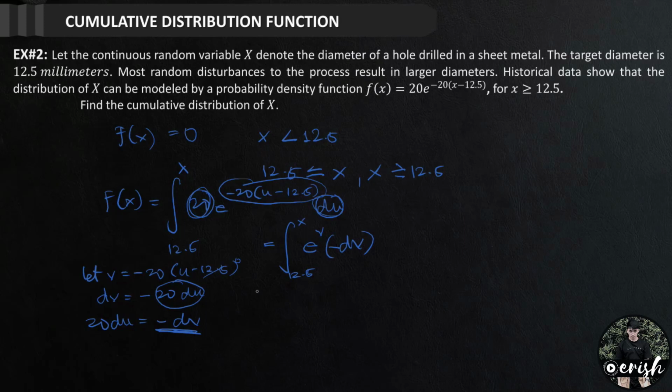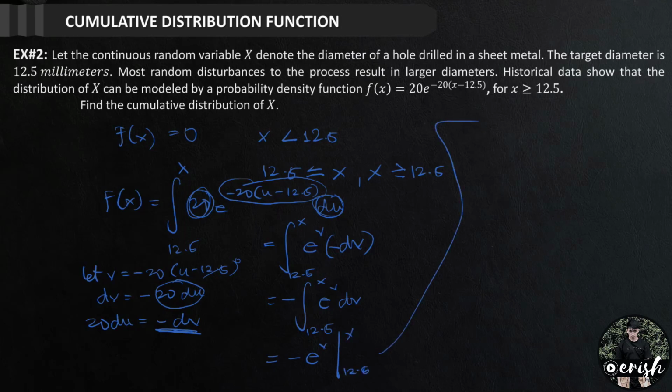And integrating, this is now equal to, ilabas natin yung negative 1, since constant naman na siya, or simply negative na lang. The integral of e^v dv from 12.5 to x. The integral of e^v dv is simply e^v lang din. So this is negative e raised to v from 12.5 to x.